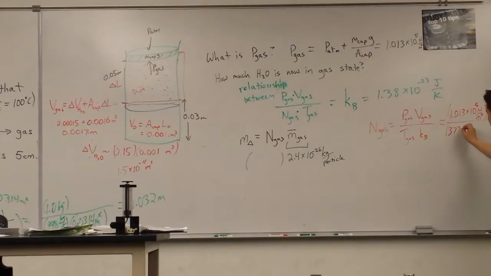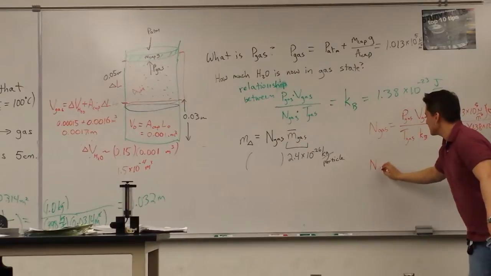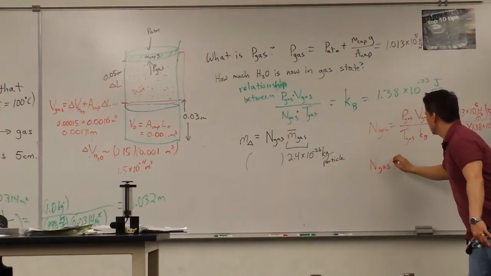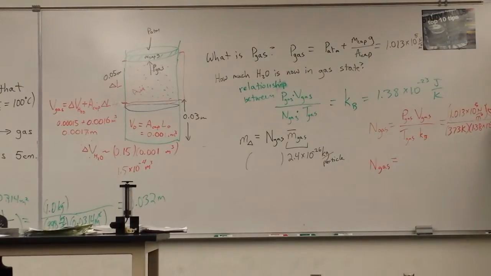So 373 Kelvin, and then we multiply that by Boltzmann's constant. And that'll give us the number of gas particles. So 1.7 times 10 to the second power. It's going to be a pretty good size number. Tell me what that number is.